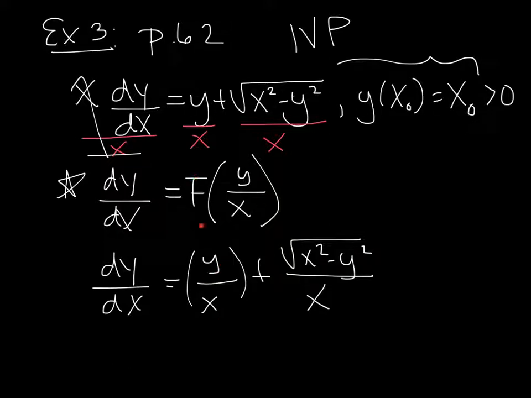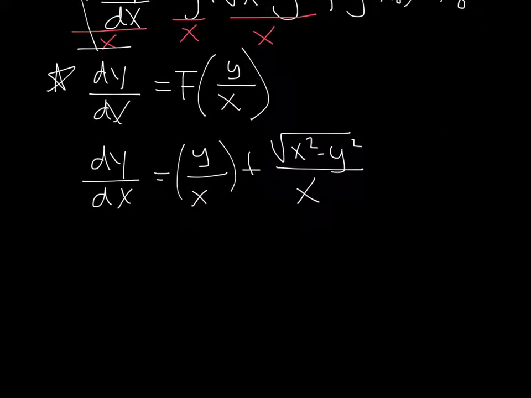We want a function of y over x. Now this is the expression that we want to rewrite so that we can easily see a y over x in here. So in order to do that, and this is why this part is important, the fact that x naught is positive, we can rewrite our expression.